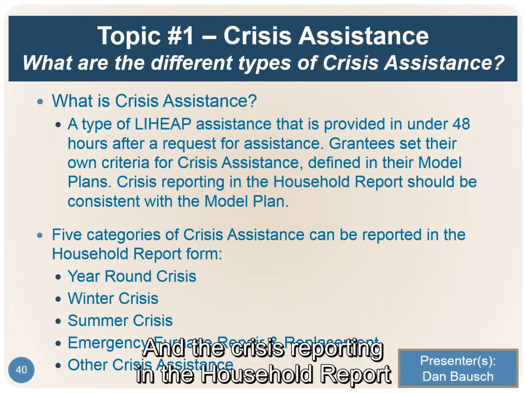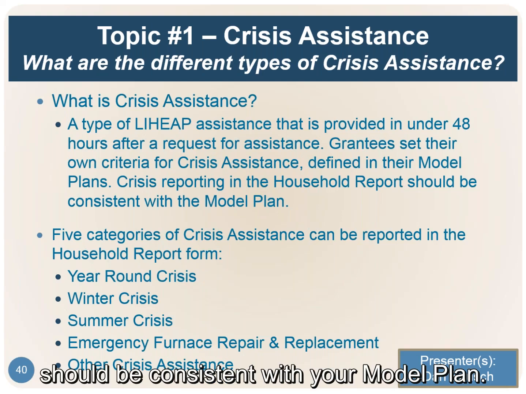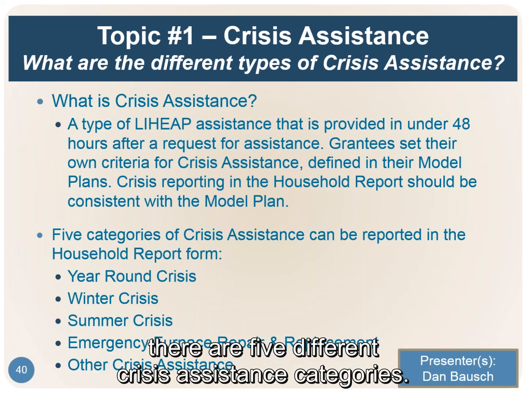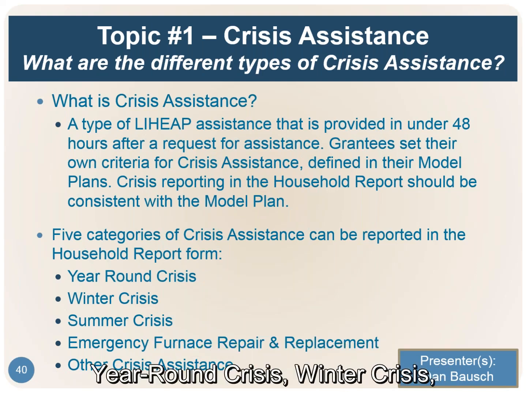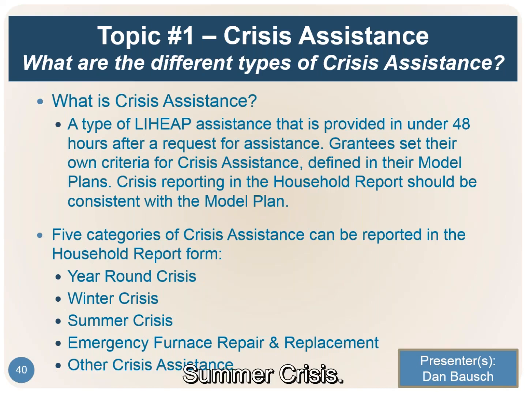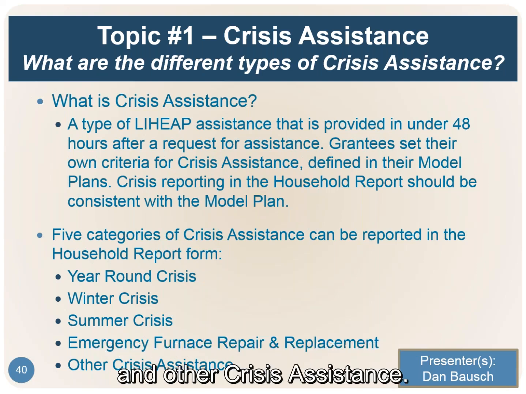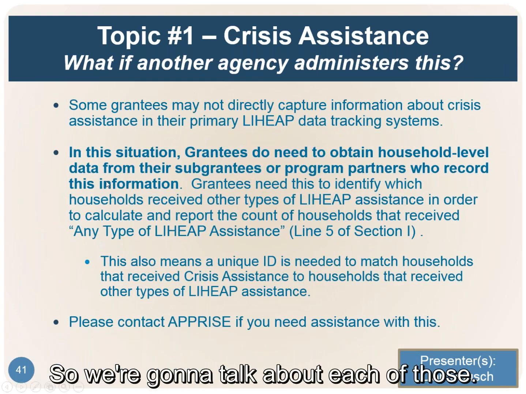And the crisis reporting in the household report should be consistent with your model plan. You'll see in the household report there are 5 different crisis assistance categories: year-round crisis, winter crisis, summer crisis. Then there's emergency furnace repair and replacement, and other crisis assistance.